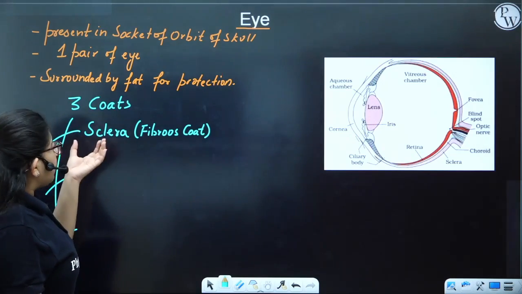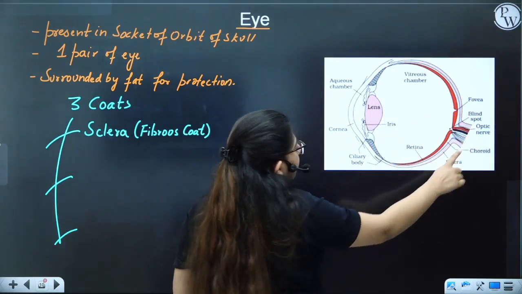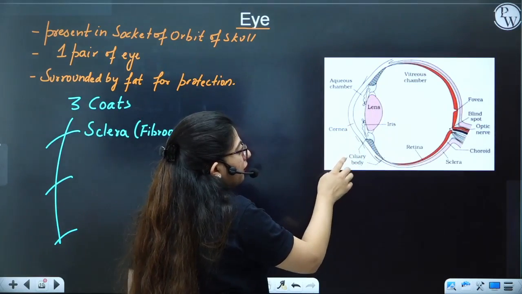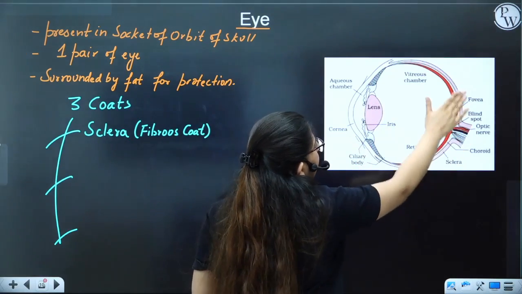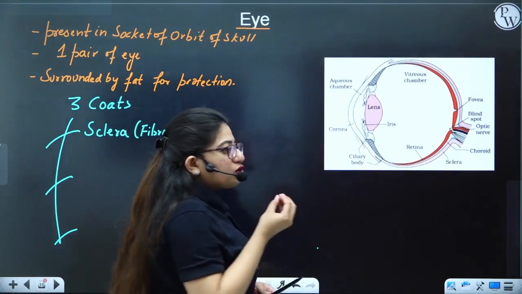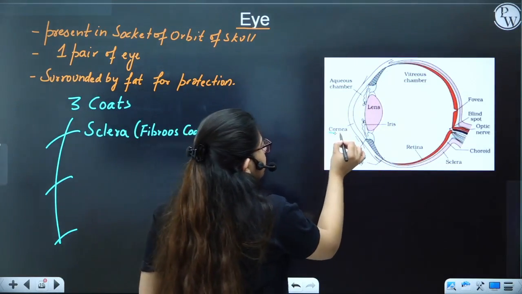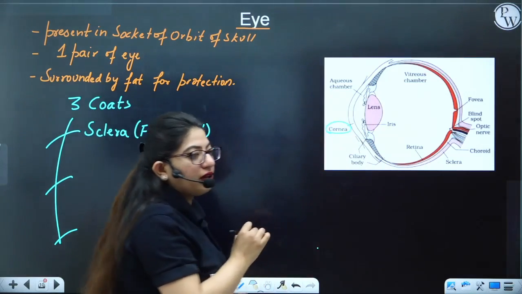This sclera is white in color, and it is known as the white of the eye. Posteriorly it is very thick, and anteriorly it is very thin. It is so thin that it gets transparent, and this transparent structure is known as the cornea.